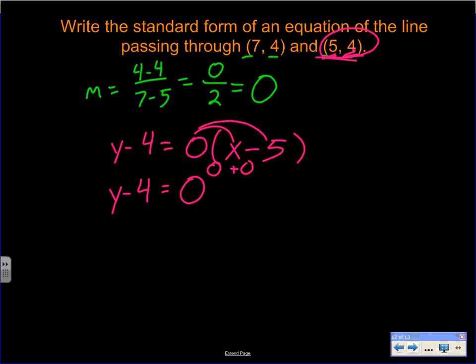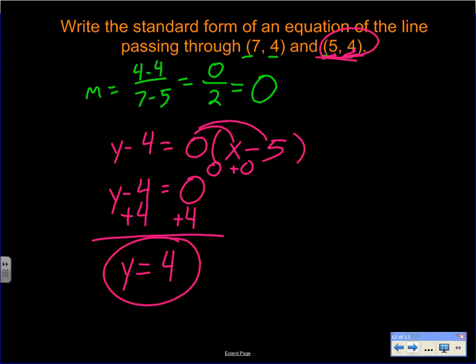So y minus 4 is equal to 0. Add 4 to both sides, so y is equal to positive 4. That's in standard form. Should note that y equals positive 4 is going to be a horizontal line, crosses the y-axis at positive 4.